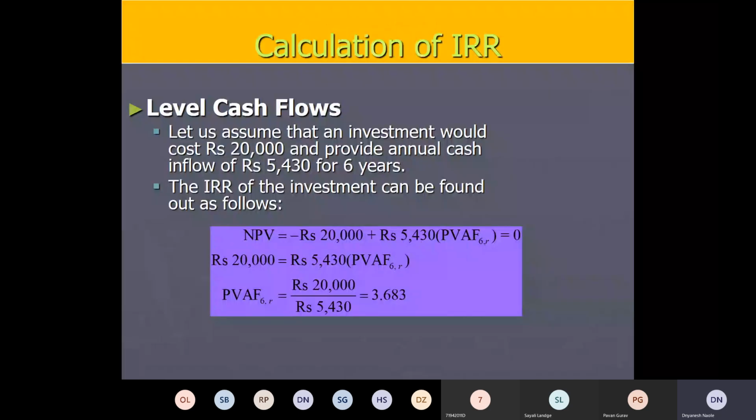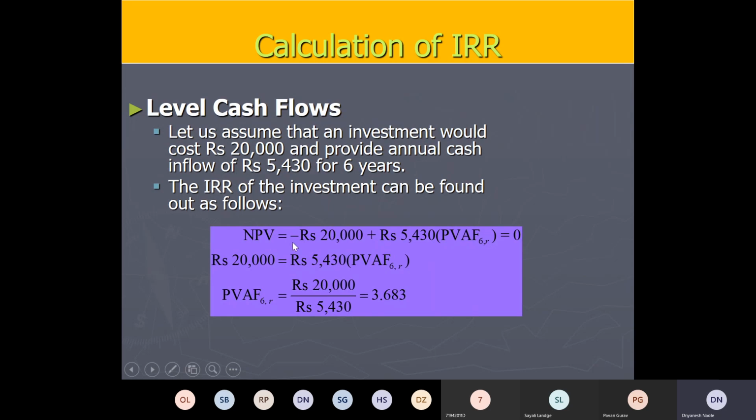Before that, let us take another example where the cash flows are the same every year. Here an example is given: the initial investment is 20,000 rupees, and for 6 years down the line, every year it is generating 5,430 rupees as profit.